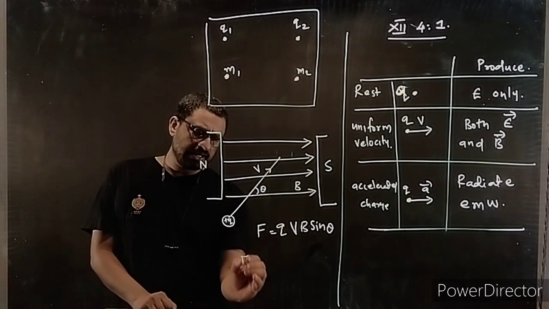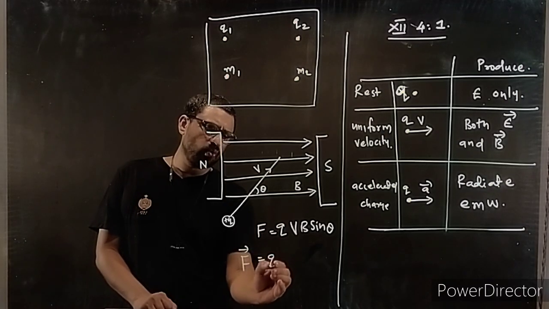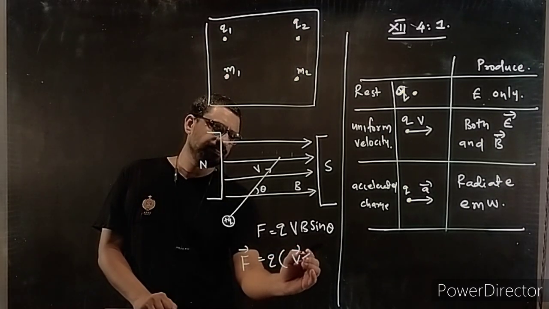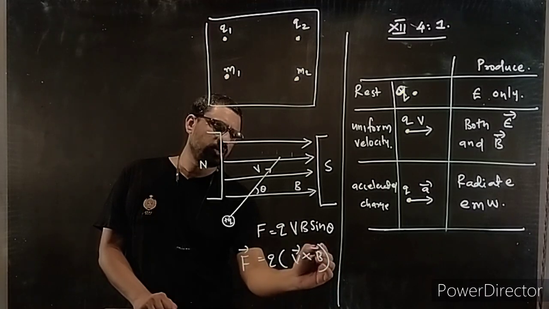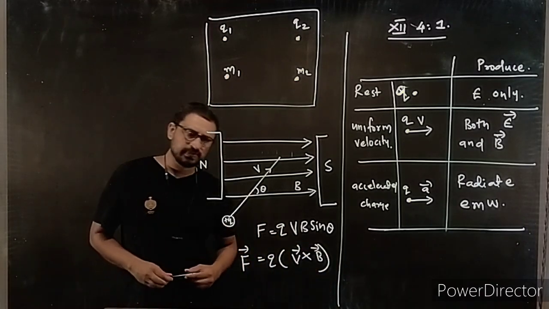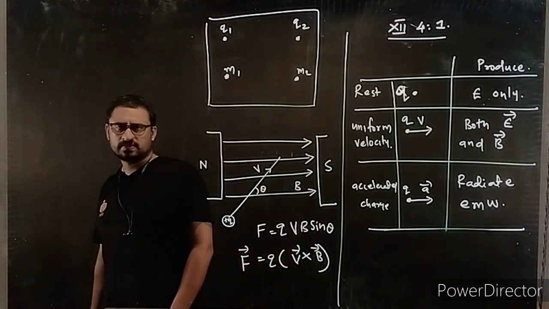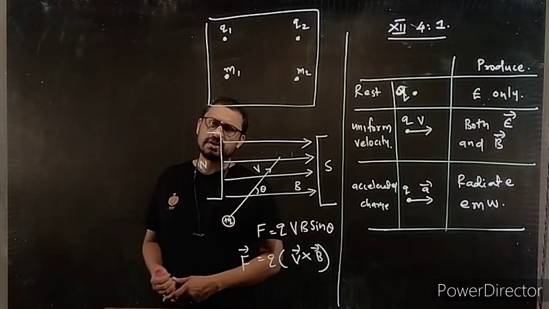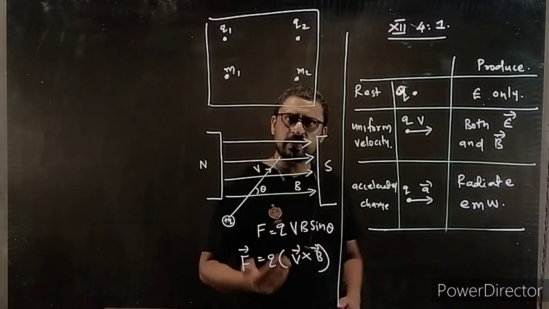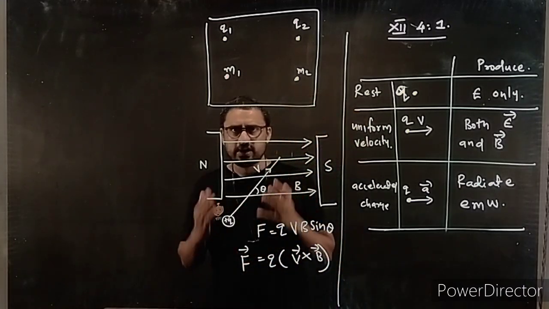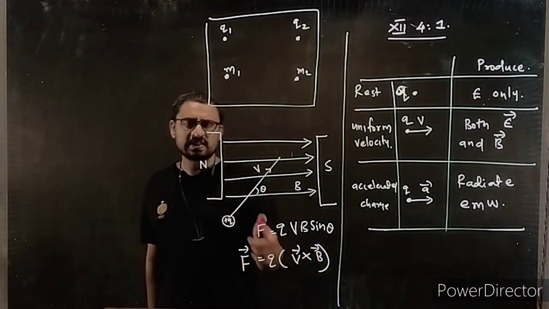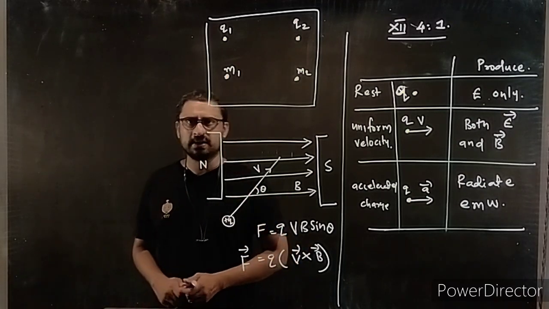Now you can also write F equals Q V cross B. So it's a vector quantity, because the cross product of two vectors will give you a vector. So the direction of the force is the direction of V cross B.